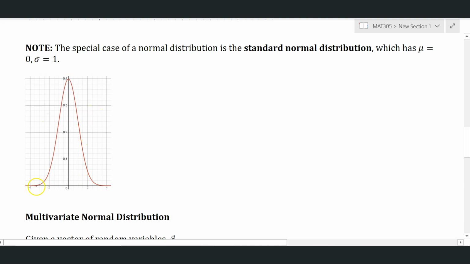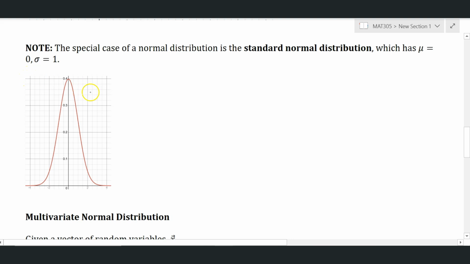You can see that almost all of the distribution is located between about -3 and +3 on the x-axis. This is just a very convenient distribution to work with. In fact, up until technology became quick and accessible, the way that one would look up probabilities in the normal distribution would be to actually look at a table in the back of a textbook, which would be in the standard normal form.